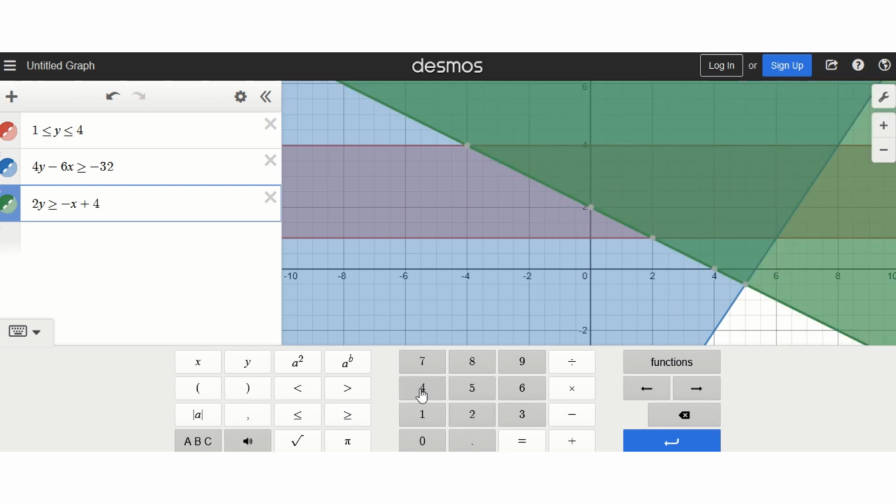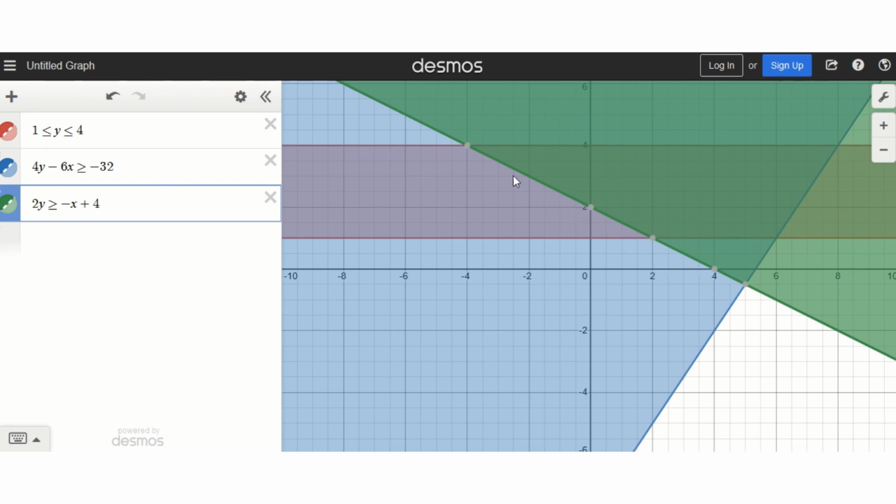So now that we have everything, let's go to the graph and take the common points. That means the endpoints of the feasible region. As you know, the feasible region is the common region. So if you look carefully, this common shaded region in the form of like a trapezoid is the shaded region. So what are the endpoints? This is one endpoint, 2, 1.